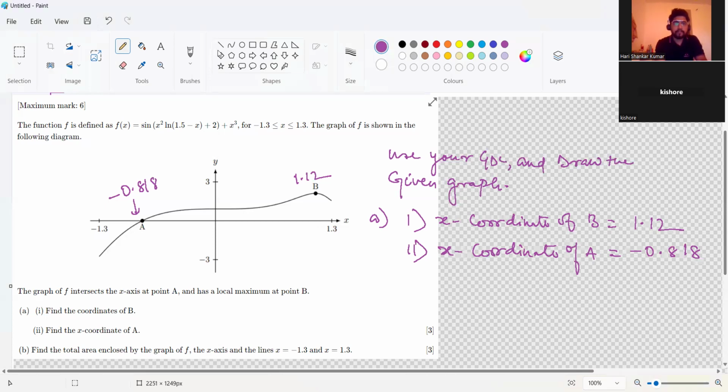Now to find the area of this graph, I'll find the area from here to point A and then point A to 1.3.